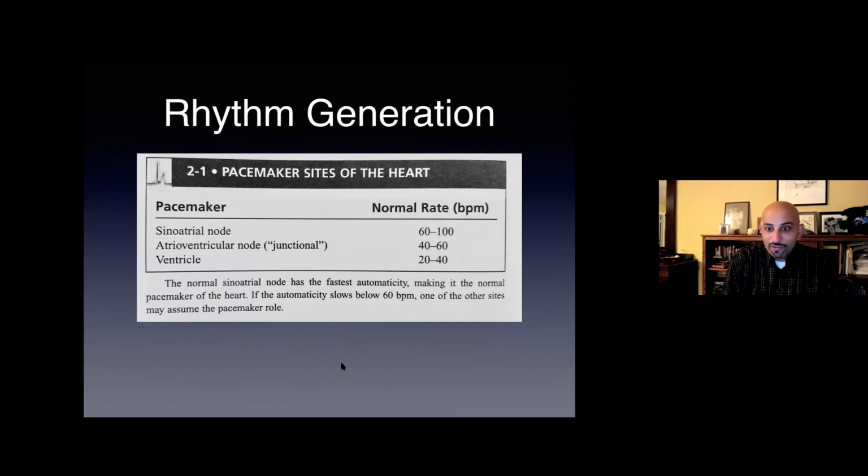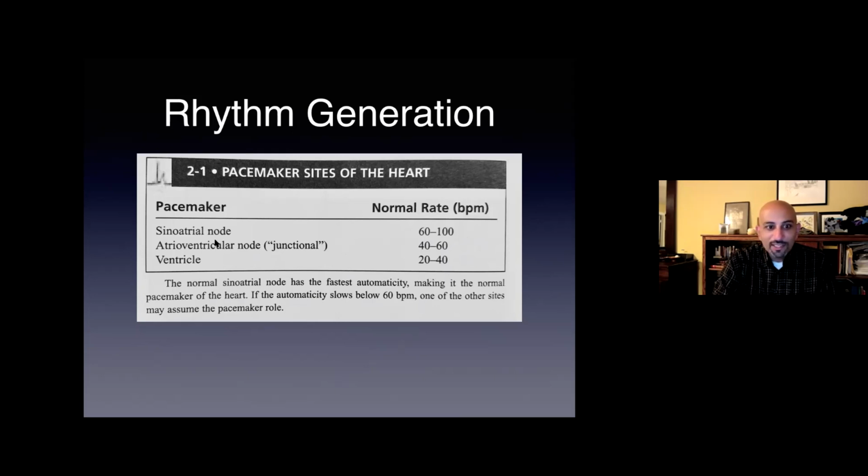And then the ventricle actually has a rate of its own, and that's somewhere between 20 and 40 beats a minute. So why that's important is because whatever's working the fastest is going to be the one that sets the pace for the heart. So usually it's the SA node. And because it's going fastest, that's the one that sets the pacemaker of the heart. And so our heart rate is usually between 60 and 100 beats a minute.